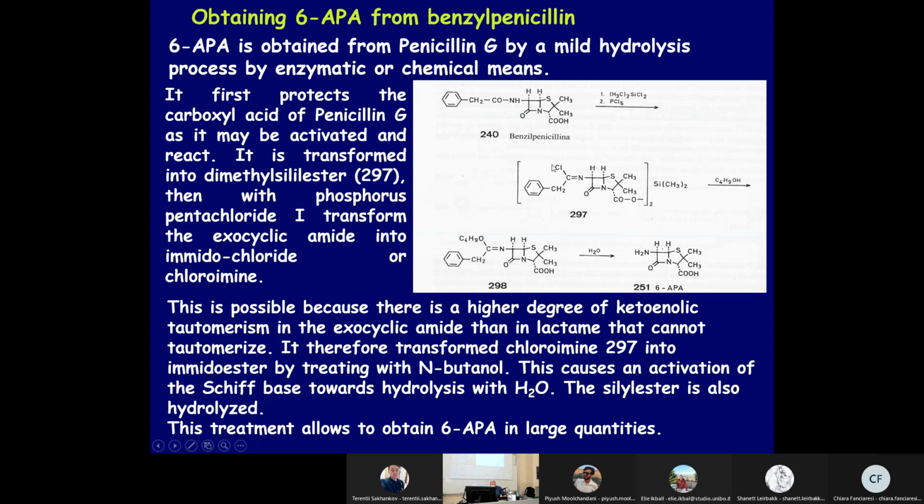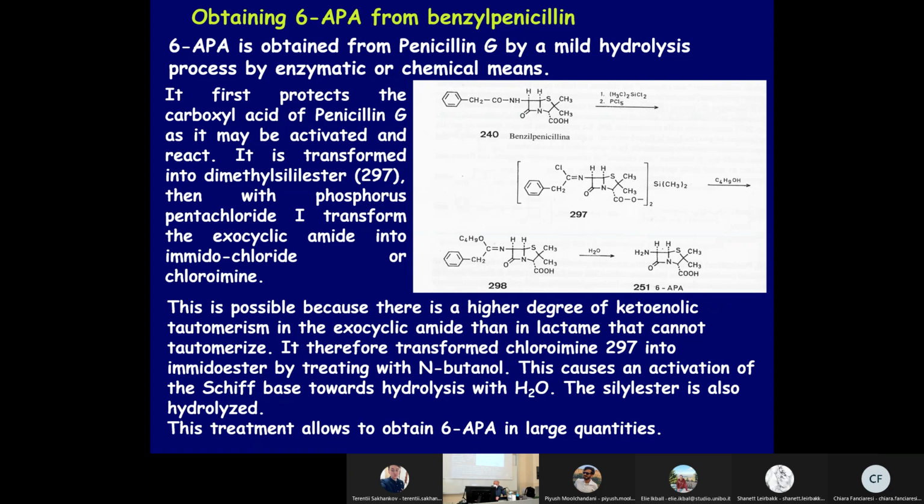And we are able to introduce a halogen atom on this carbon because we exploit the keto-enol tautomerism. You can see here, there is a higher degree of keto-enolic tautomerism in the exocyclic amide than in the lactam that cannot tautomerize. This is the main reason.